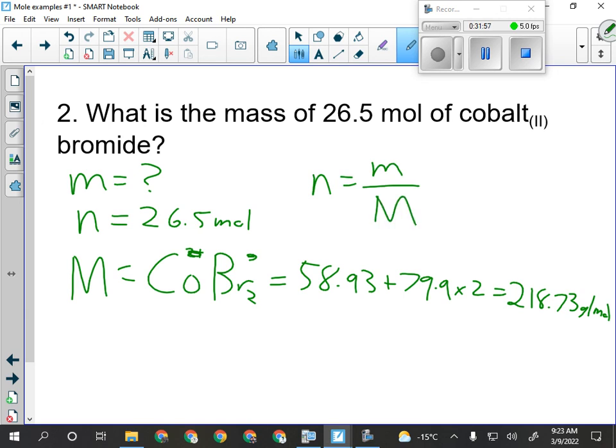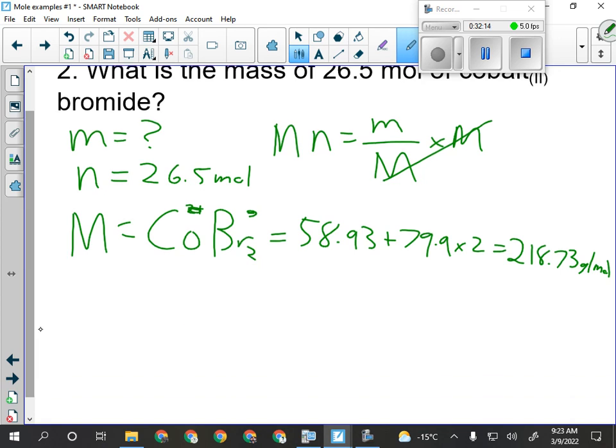Okay, how do I get little m by itself? You multiply both sides by molar mass. Right, multiply both sides by molar mass. Okay, now I'm solving for little m. Now I'm just plugging in my numbers. So that's going to be 218.73 times n, which was 26.5.